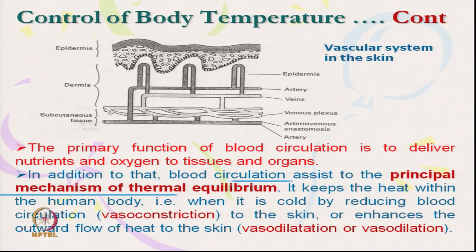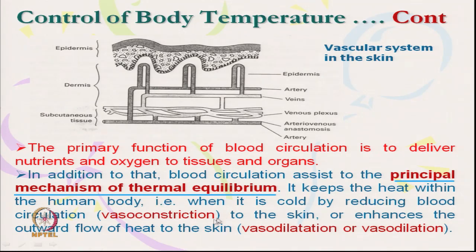It is kept within the normal temperature. It keeps the heat within the human body, that means it does not allow the heat to flow out. How does it do that? By constriction of the blood vessel.